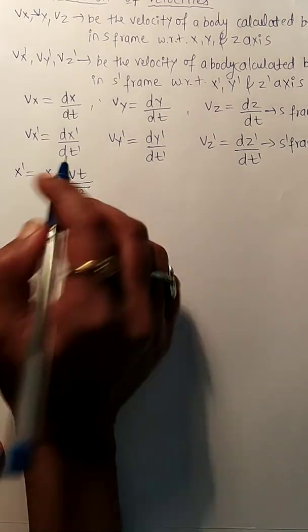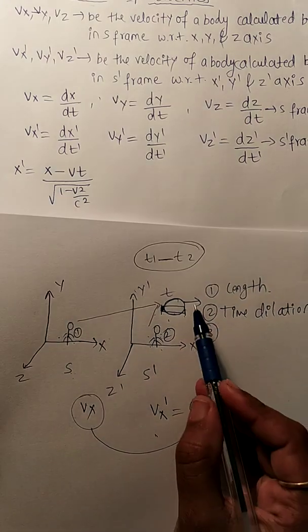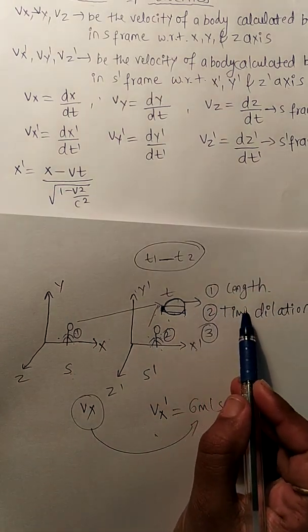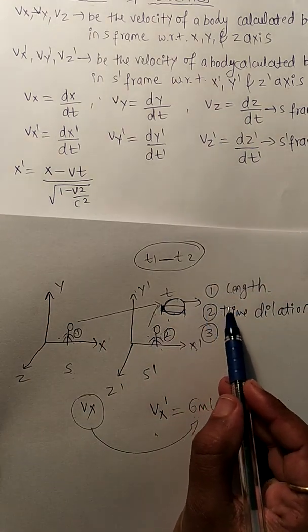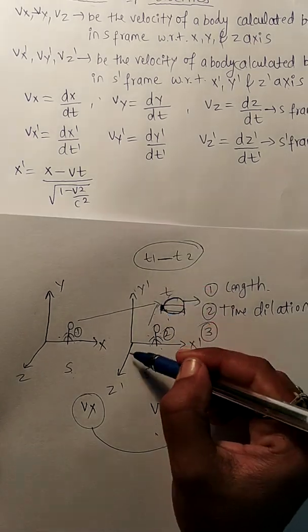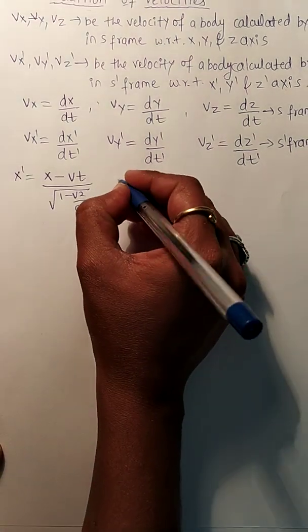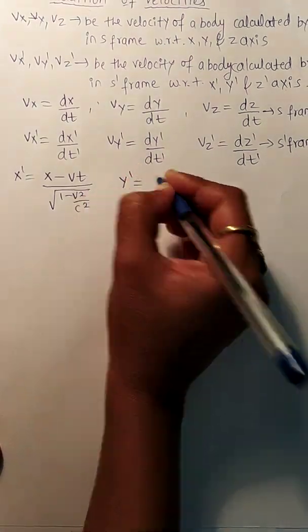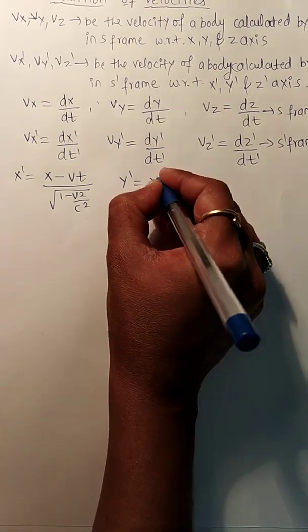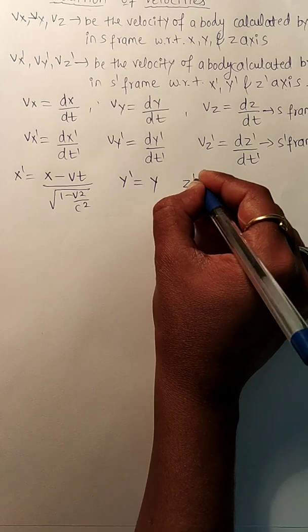Now this is the x dash value we got, and in our case also the body is moving along the x-axis only. So when it is moving along the x-axis there is no change along the y-axis as well as the z-axis. If that is the case, then what would be the value of y dash? The value of y dash will be y only. At the same time, what will be the value of z dash?